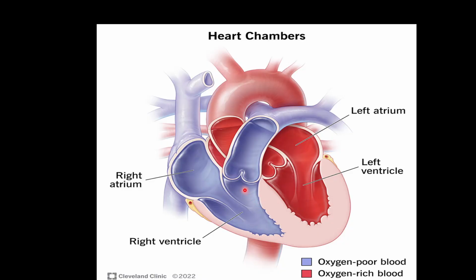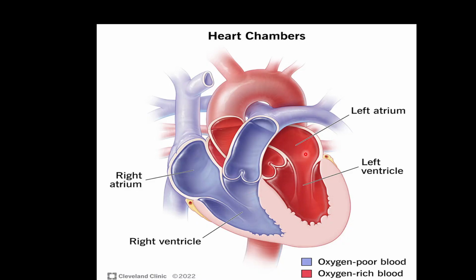Besides this, from the right ventricle, blood passes through the pulmonary artery to the lungs for purification, and this is guarded by the arterial valve, which is tricuspid in nature.